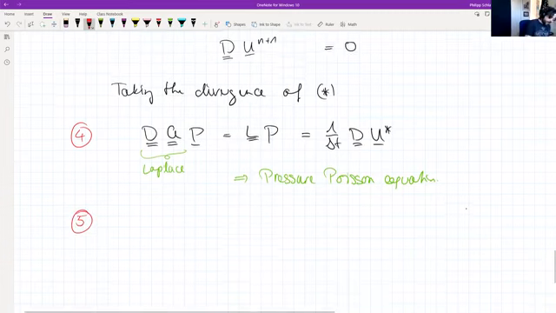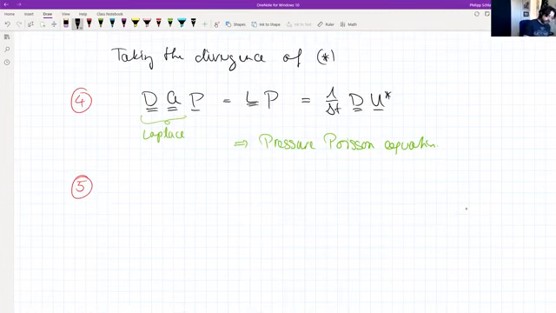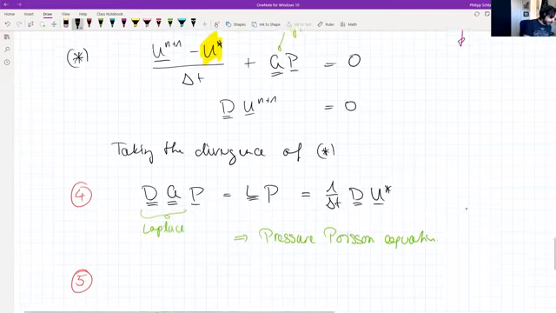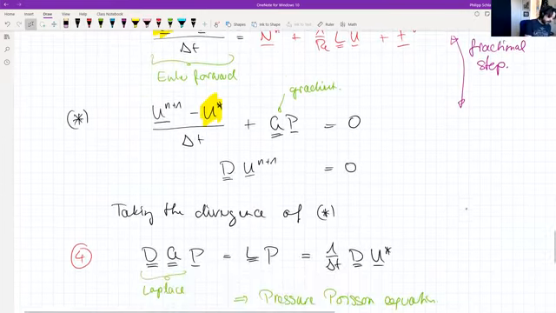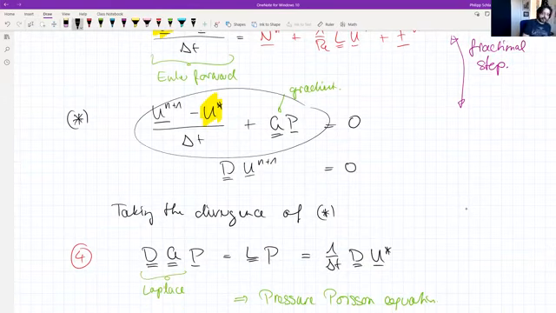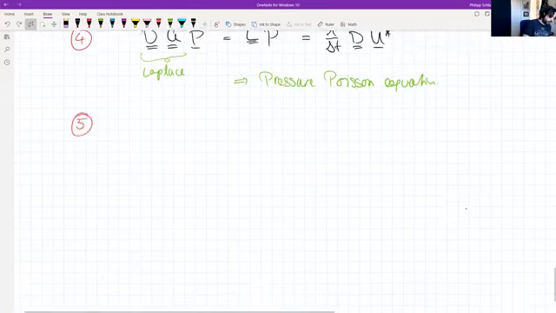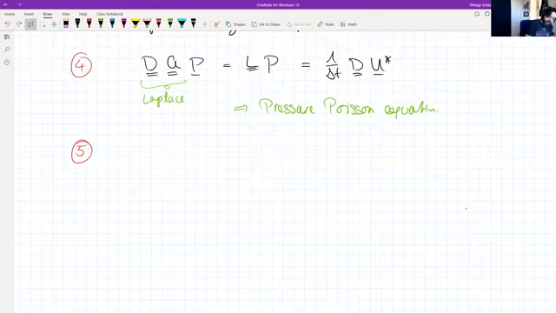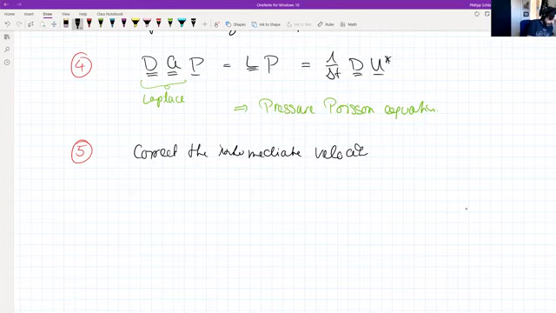And then step number 5 in my algorithm would be to actually use that pressure to update my velocity according to essentially this equation. So my step number 5 would then be: correct the intermediate velocity with the pressure that I have just calculated.